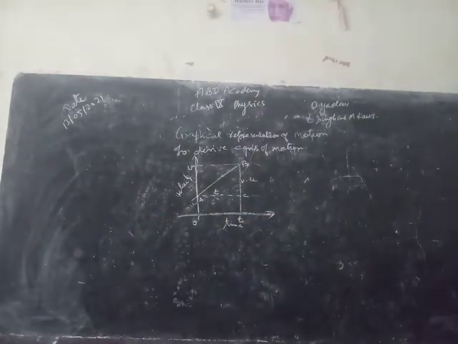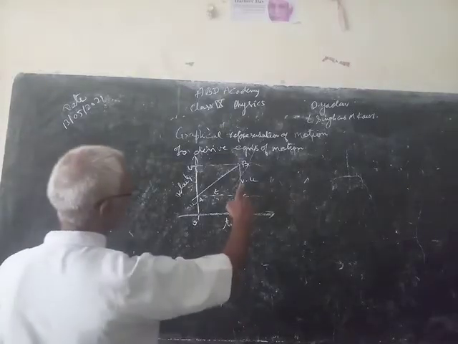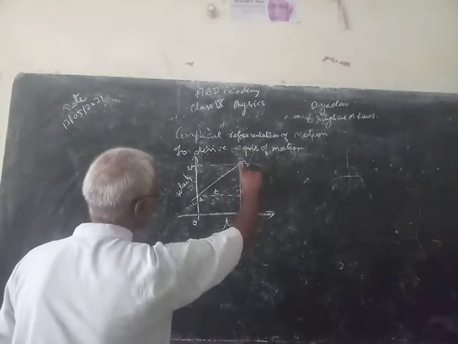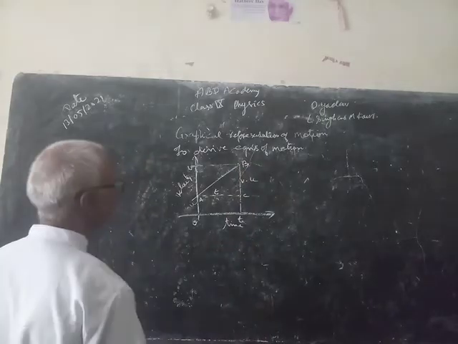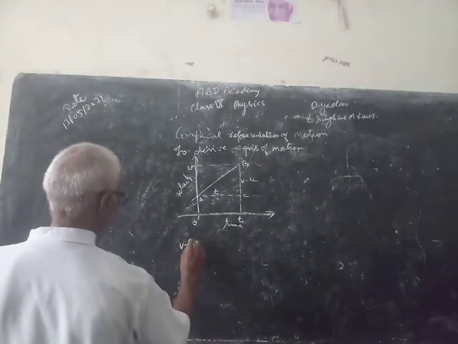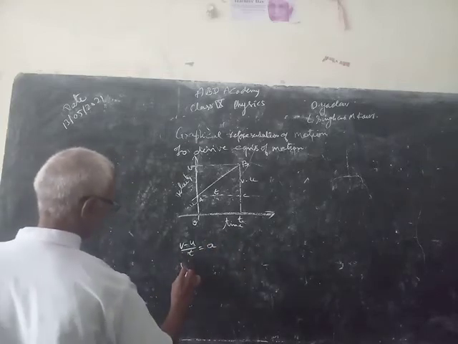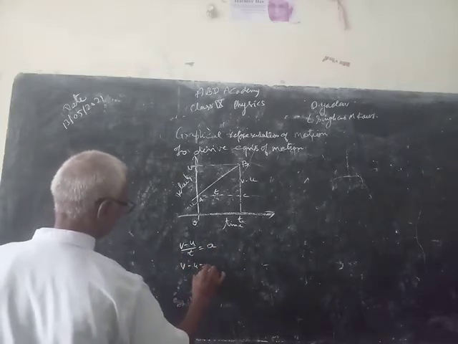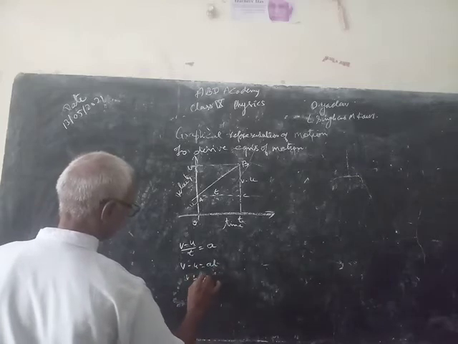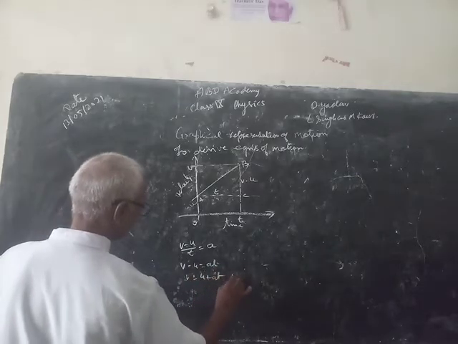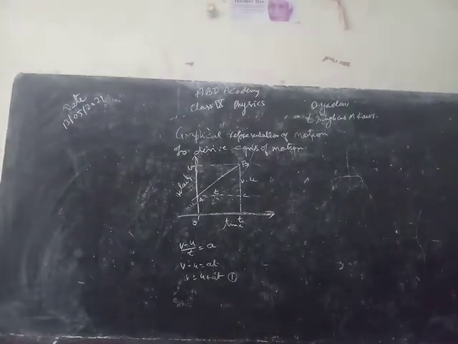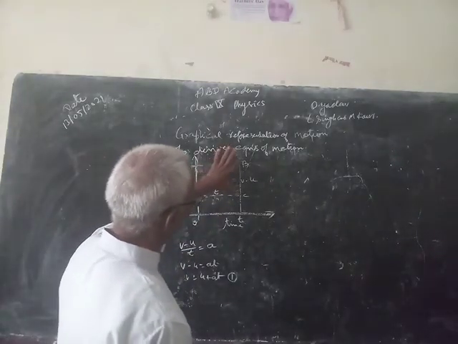So the distance here will be v minus u, this distance. Area, this v minus u is this.